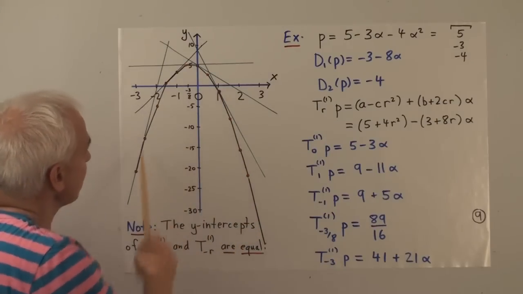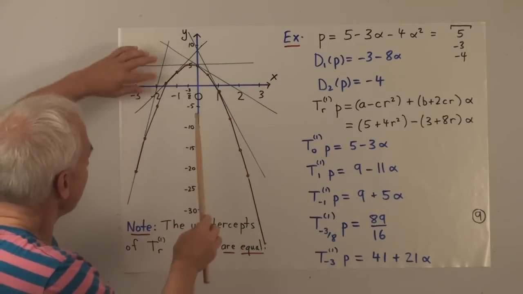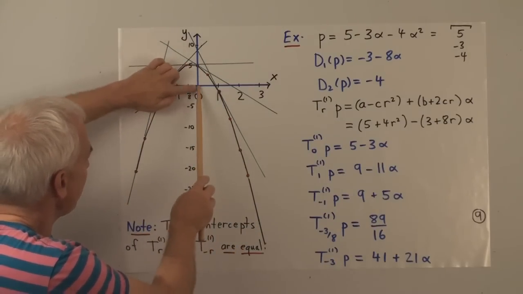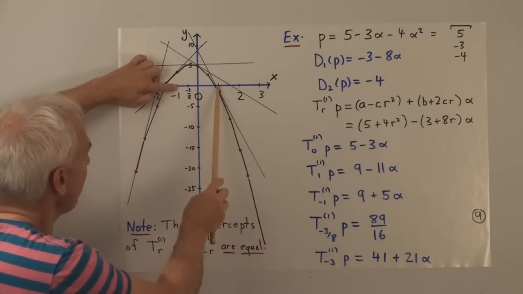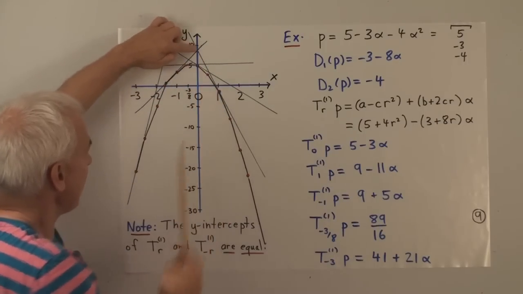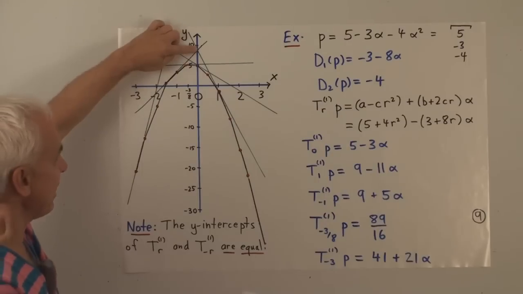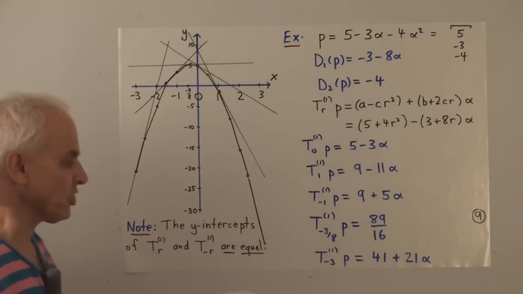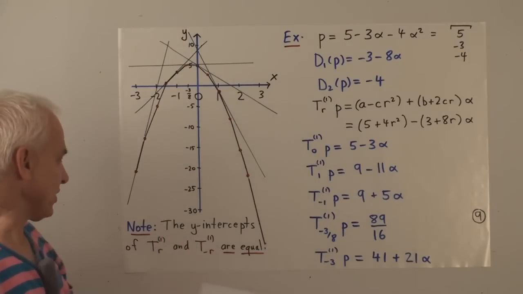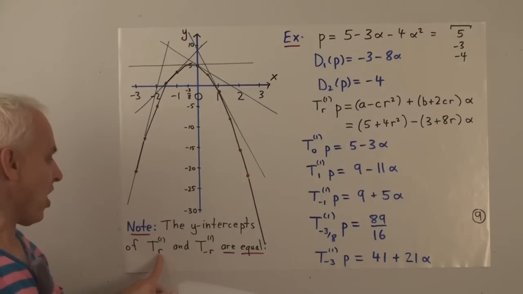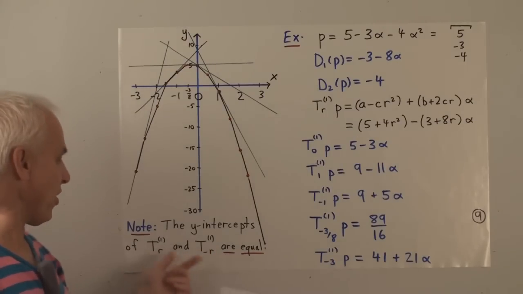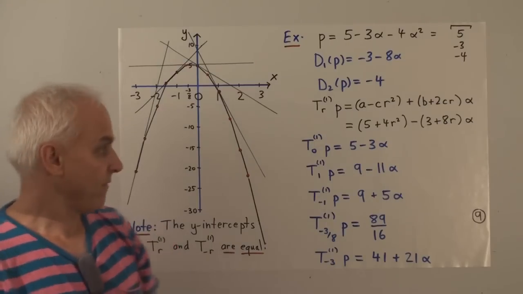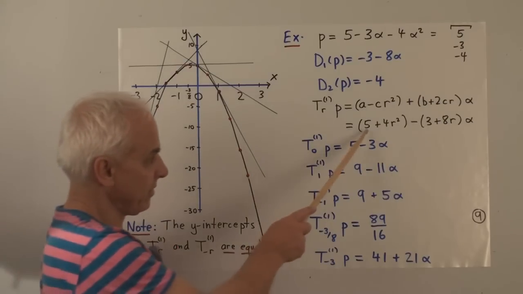But there's something curious about the fact that if we go equal coordinates away from 0 and take the tangents, they meet on the y-axis. You can check now that the y-intercepts of the tangent at r and the tangent at -r are always equal, no matter what r is. In fact, that's obvious from here.